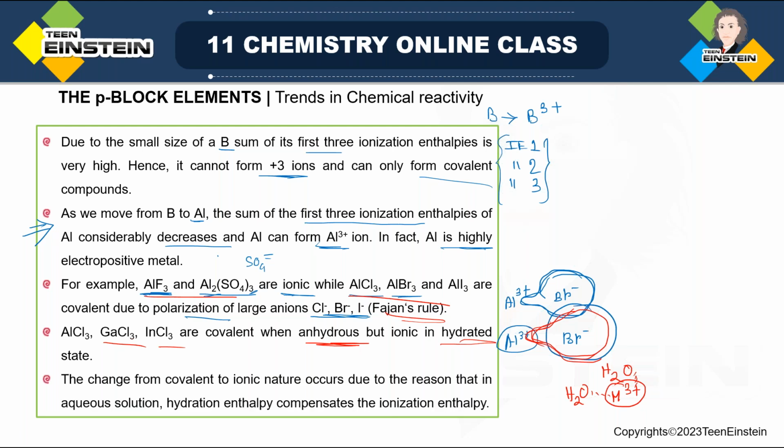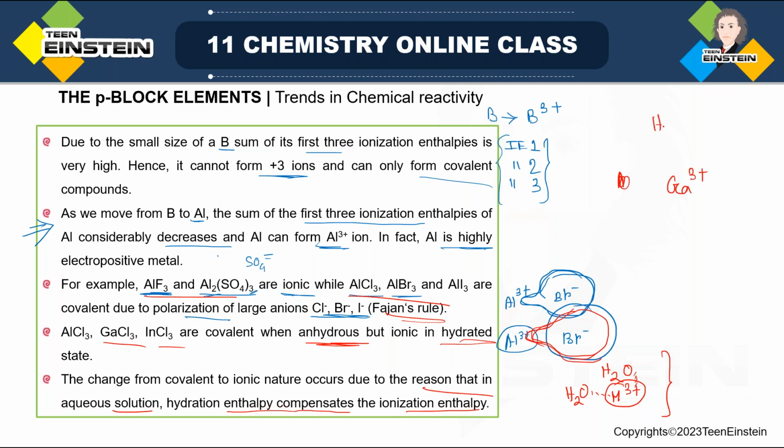Okay. The change from covalent character to ionic nature is because in aqueous solution, hydration enthalpy compensates the ionization enthalpy. What is the meaning of this? One explanation, I hope you have already understood, is that in water medium there is no longer any covalent character. I'm taking any metal so that it will be easier for you.